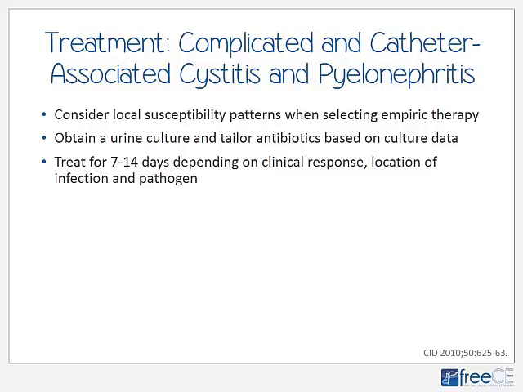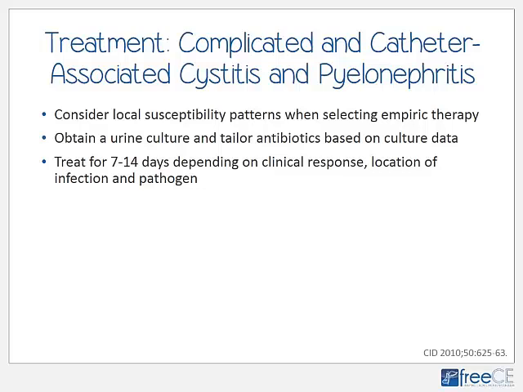For somebody who's not had antibiotic exposure, I don't have concerns about resistance. Starting with a third generation cephalosporin or something like Unasyn, which is ampicillin sulbactam, is a really reasonable place to start. I, again, don't like to start with fluoroquinolones in my area simply because of my local susceptibility patterns. However, if your susceptibility patterns in your area are pretty good, I think starting with a fluoroquinolone is certainly reasonable.